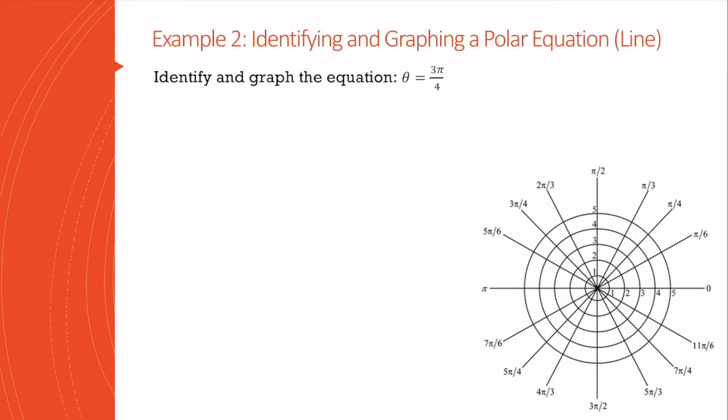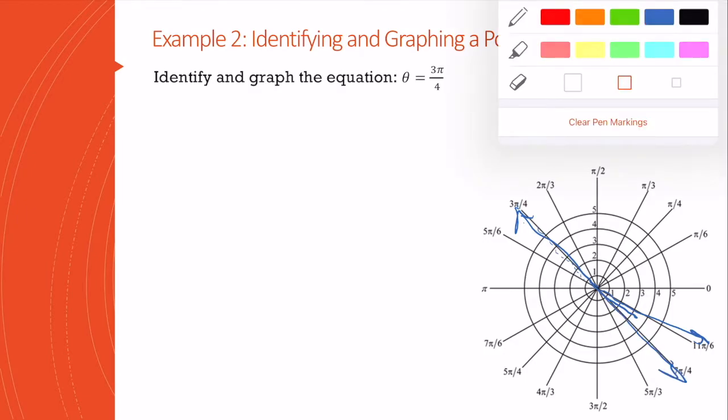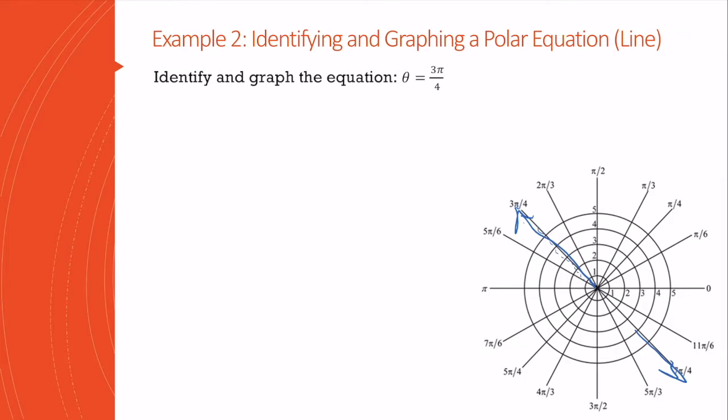Next, what if I have theta equals 3 pi over 4? Here's where all the points at 3 pi over 4 are, but also down here. Oh, I didn't draw a straight line. Let me fix that. So our graph is a line. Let me show you how we could figure that out.